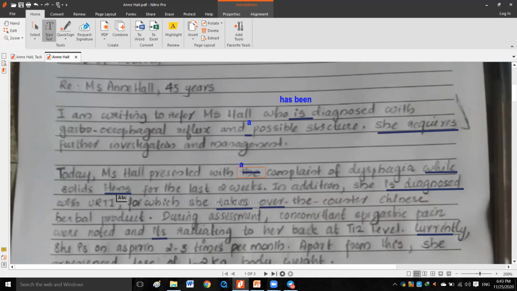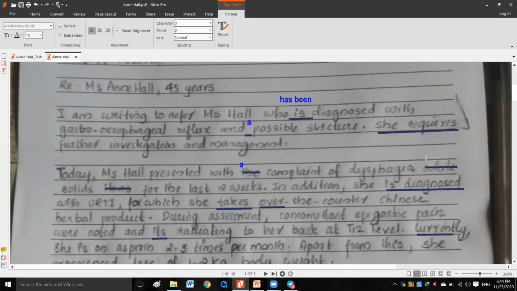While solids, I can't understand your writing here, so I will cancel this word. And while is also incorrect; for the last 2 weeks, you can change for, like for solids, to over, instead of for.